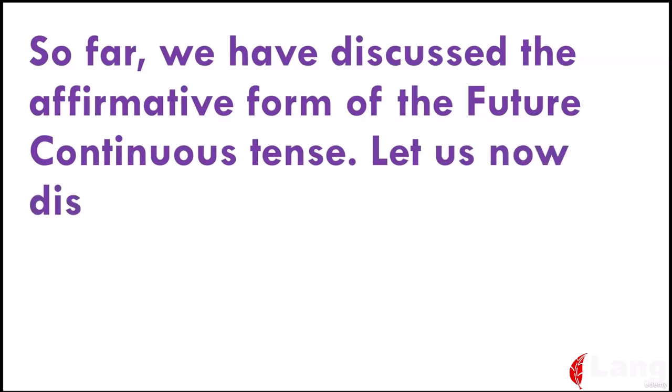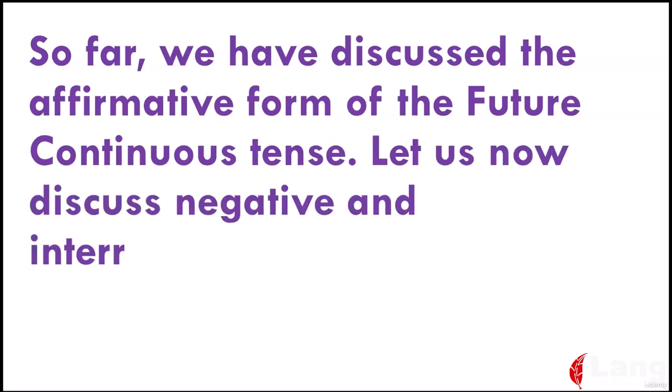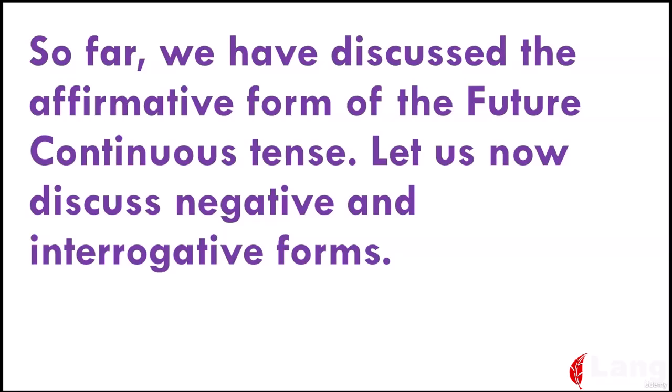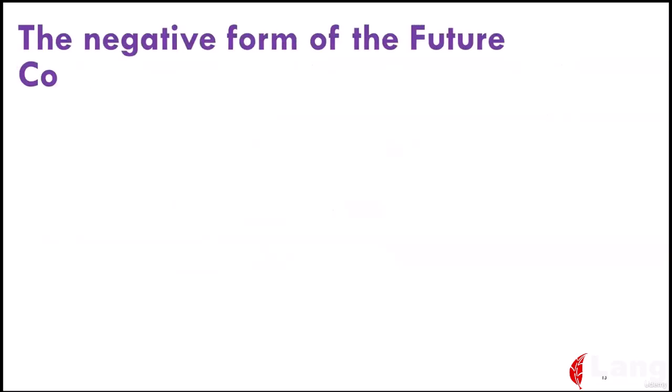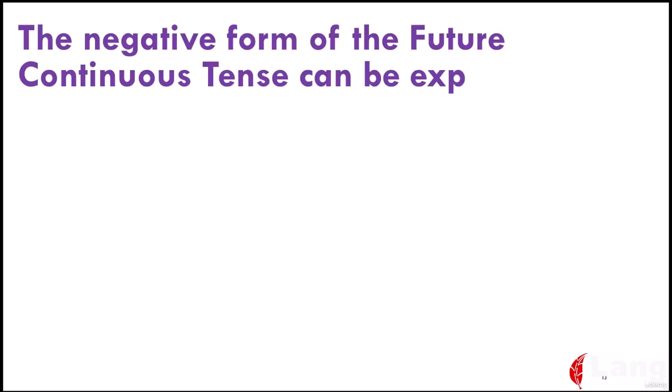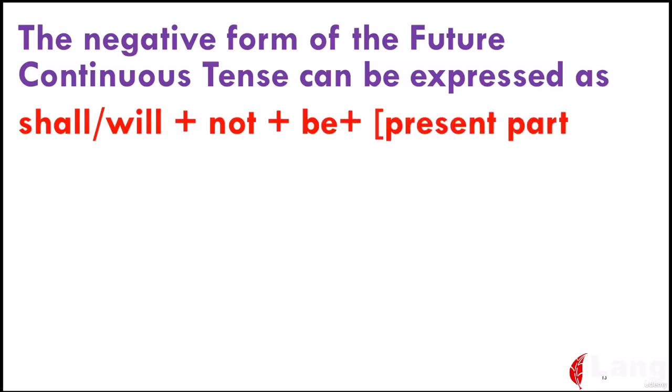So far, we have discussed the affirmative form of the future continuous tense. Let us now discuss the negative and interrogative forms. The negative form of the future continuous tense can be expressed as shall or will plus not plus be plus present participle of the verb.